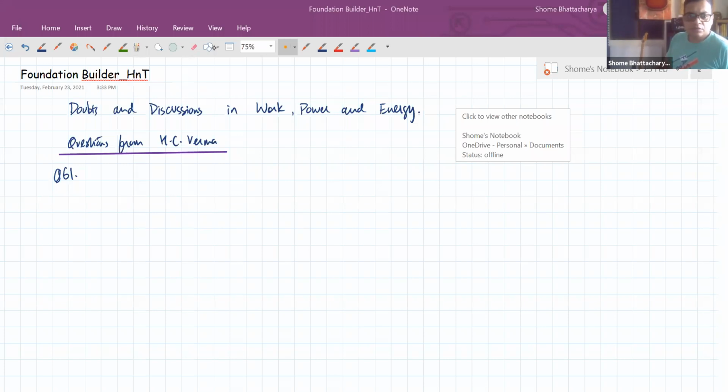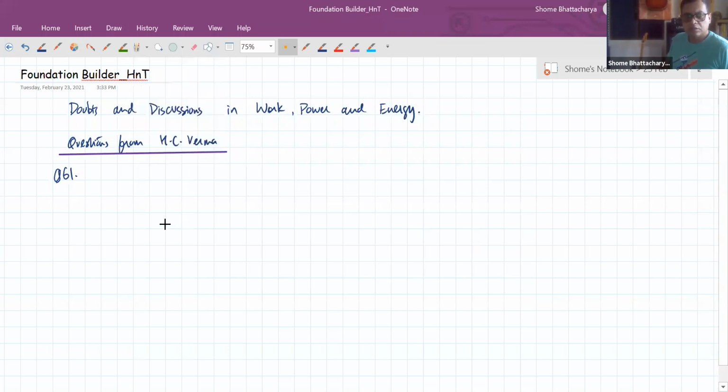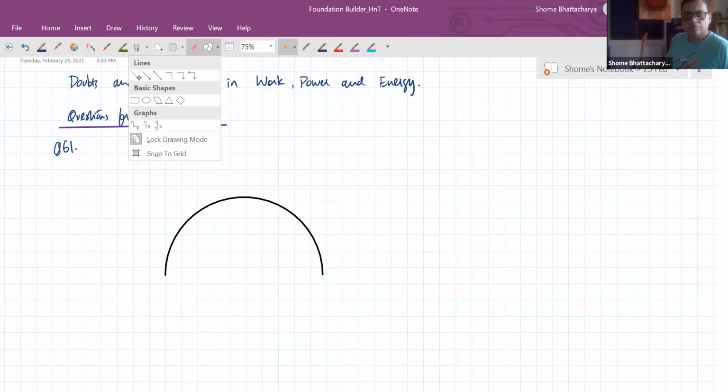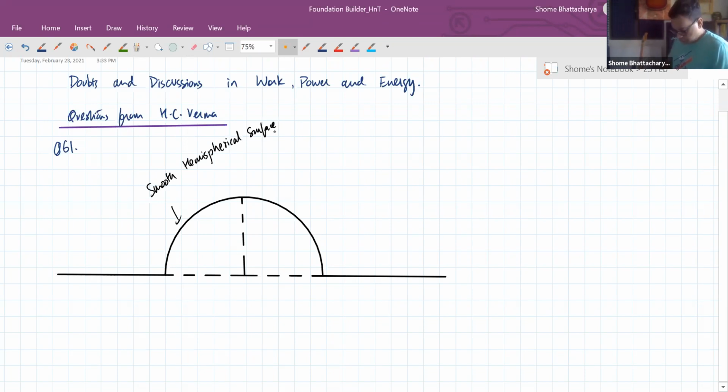Okay, so let's understand question 61. So what's happening here is that we have a smooth hemispherical surface, of radius r.